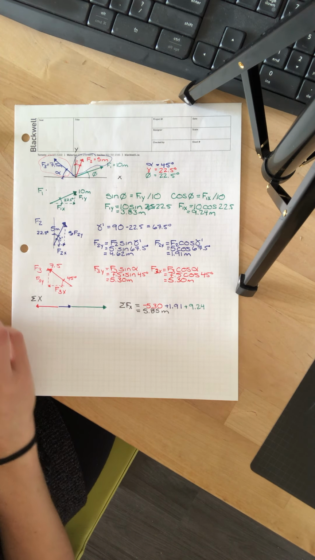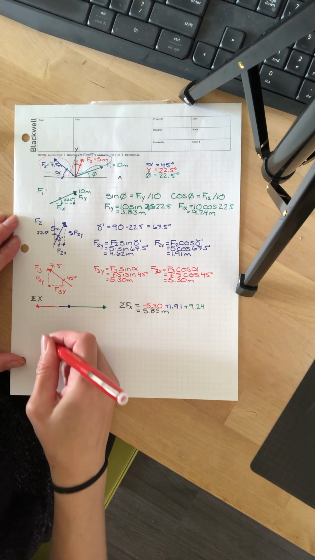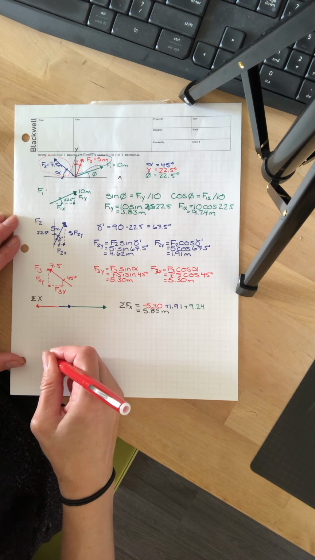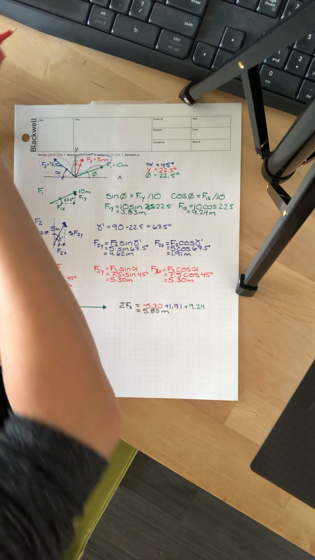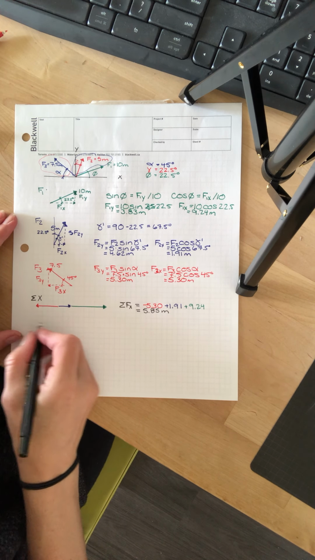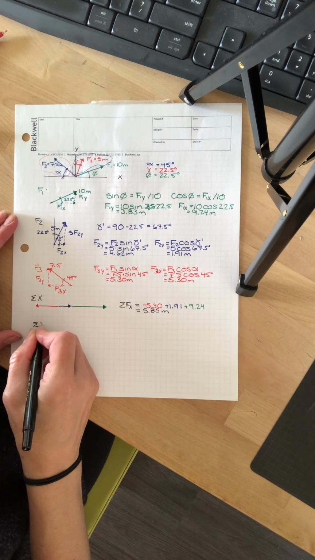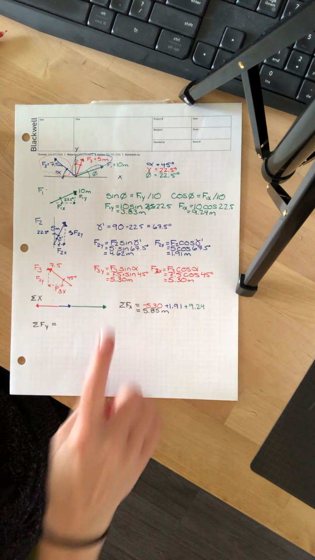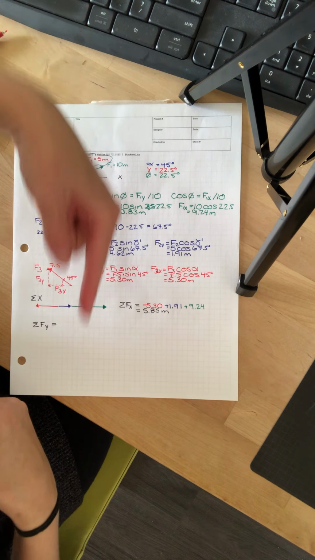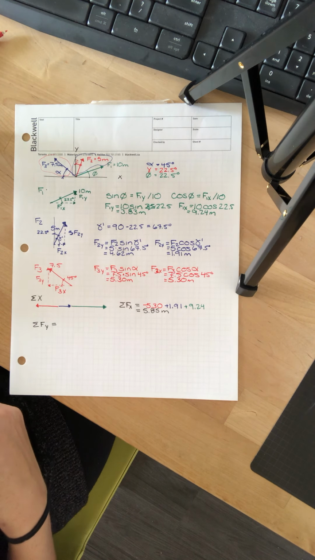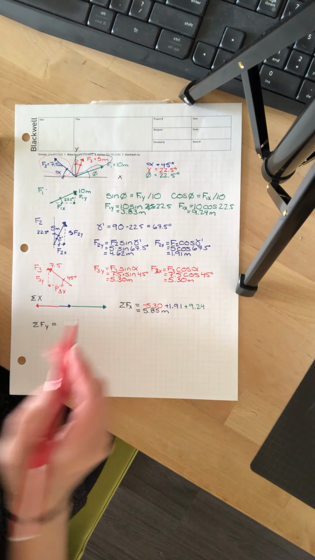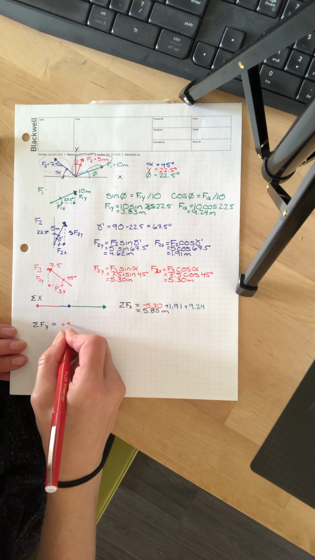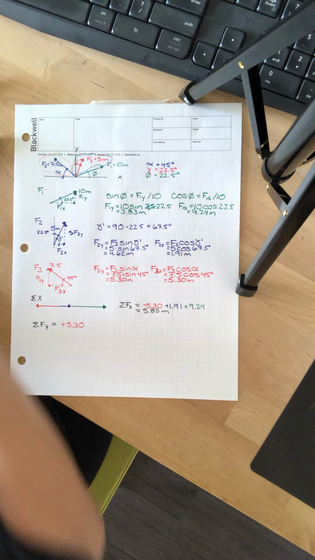Let's do the same thing for our y's. All of these are going in the upward direction. Well, they're all going in the same direction, so I'm not going to draw this one simply because it's going to take up so much space. Let's sum all of the forces in the y direction. Upwards is positive, downwards would be negative. So going upwards, we have our F3y, which is 5.3.